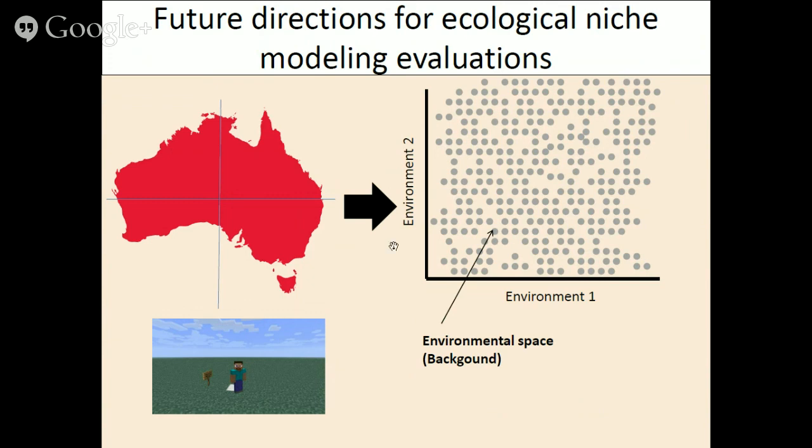So let's imagine that we have this study area. These are the environments available in this study area. We have environment 1, environment 2, and these gray points are the environmental space or the background that is available in the study area. So we have the observed values or the occurrence points for our species or disease, and what we do is split the calibration points, and then we collect the evaluation points and save them to run a model using only calibration points.